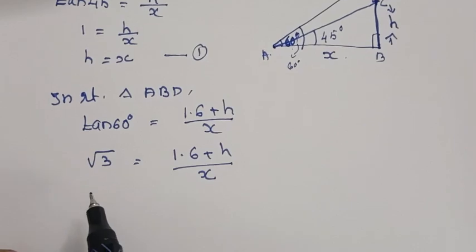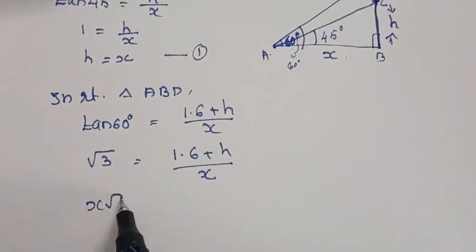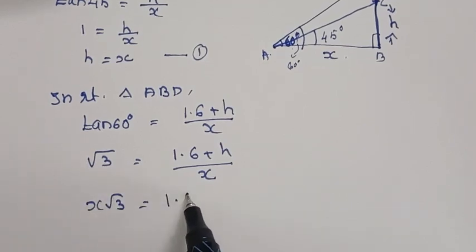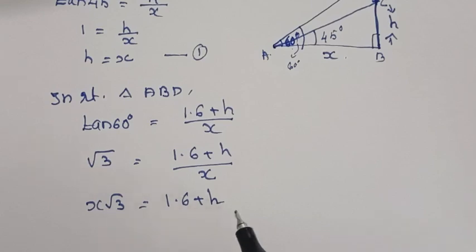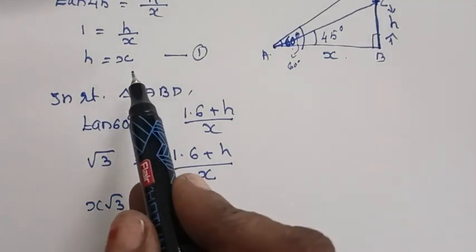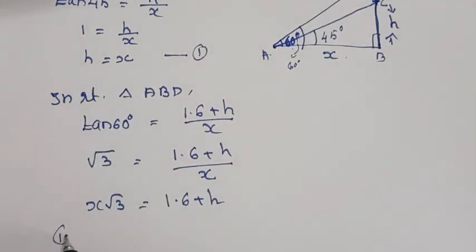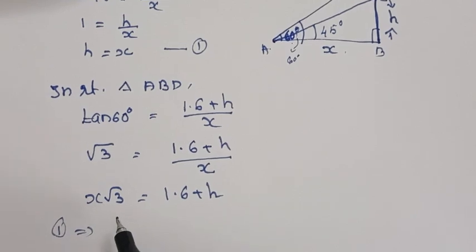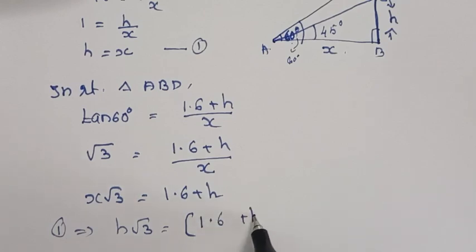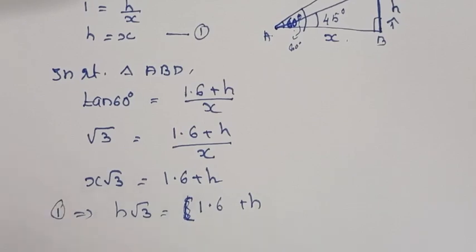Cross multiplying, we get x root 3 equal to 1.6 plus h. Instead of x, we can substitute h, that is from equation 1, we can substitute x as h. So h root 3 equals 1.6 plus h.